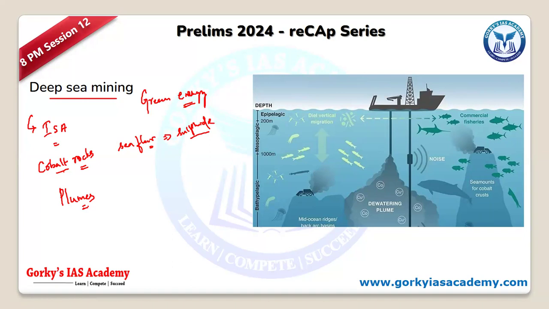Because of high temperature, we have a smoky, substance-like thing inside the deep sea region. That we call a plume. It is actually again a well of fluid, right?